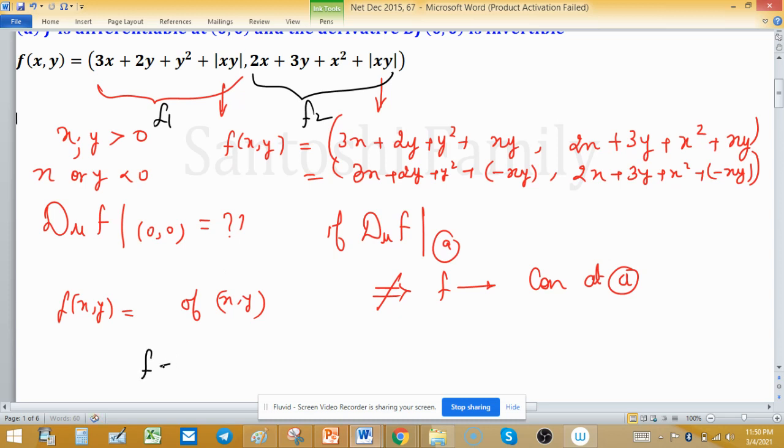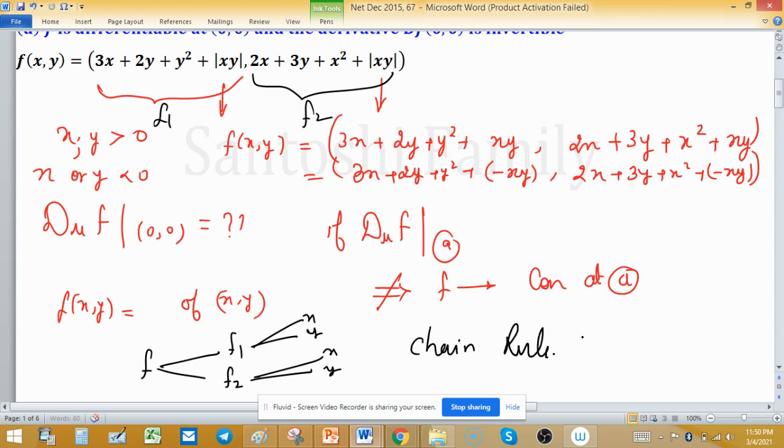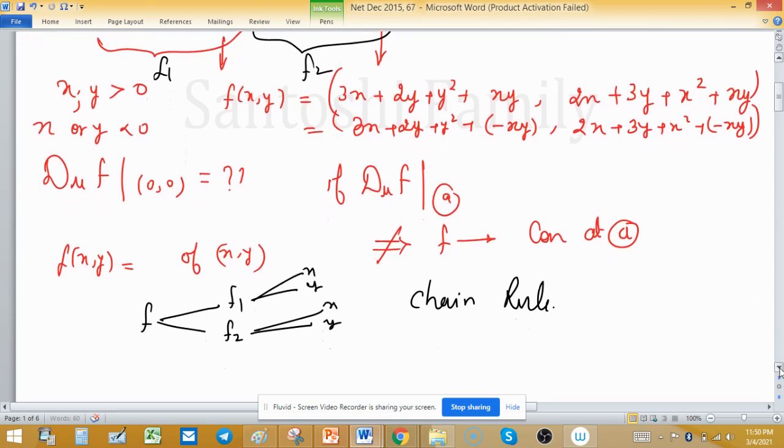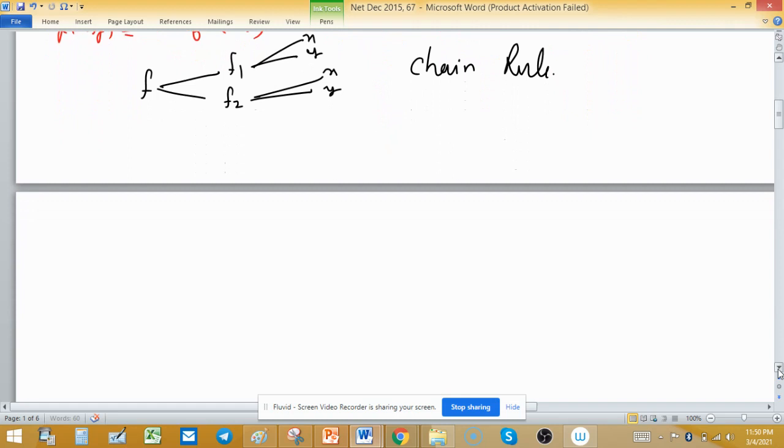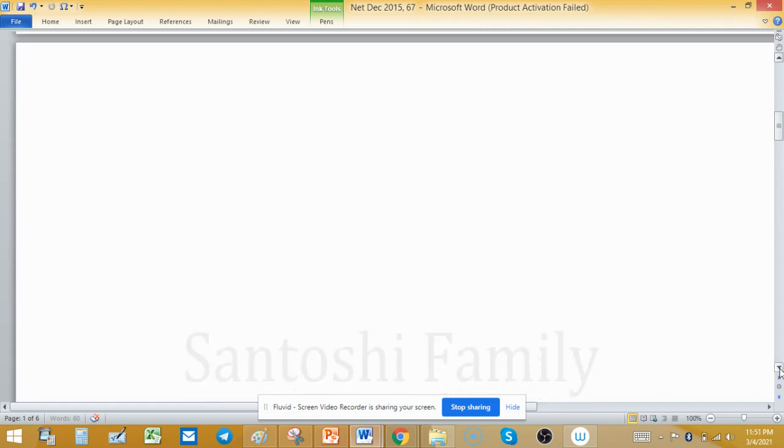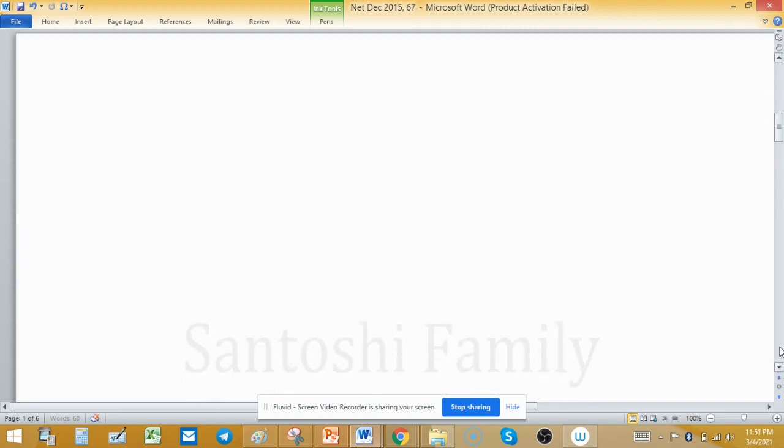So f is a function of f1 and f2, and f1 and f2 are functions of x,y. So apply the chain rule here. What is the chain rule? Now represent the directional derivative or gradient.